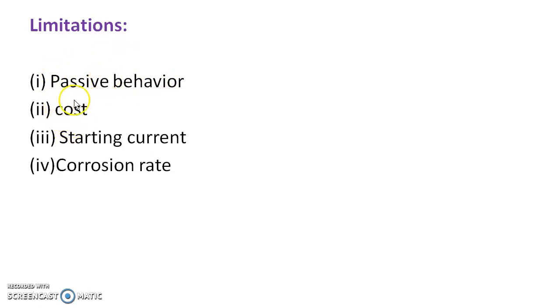Then their installation cost is very high. Again, a very high starting current is required initially. And if the system goes out of control, then very high corrosion is going to take place. So these are the limitations of your anodic protection method, right?